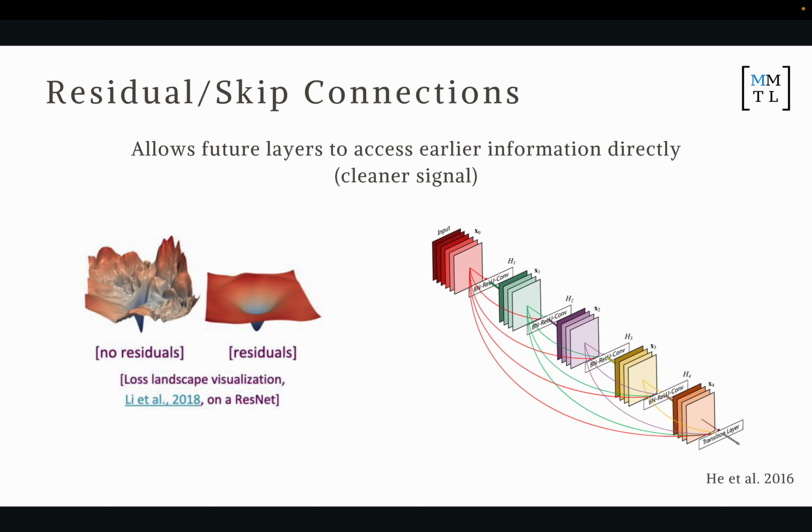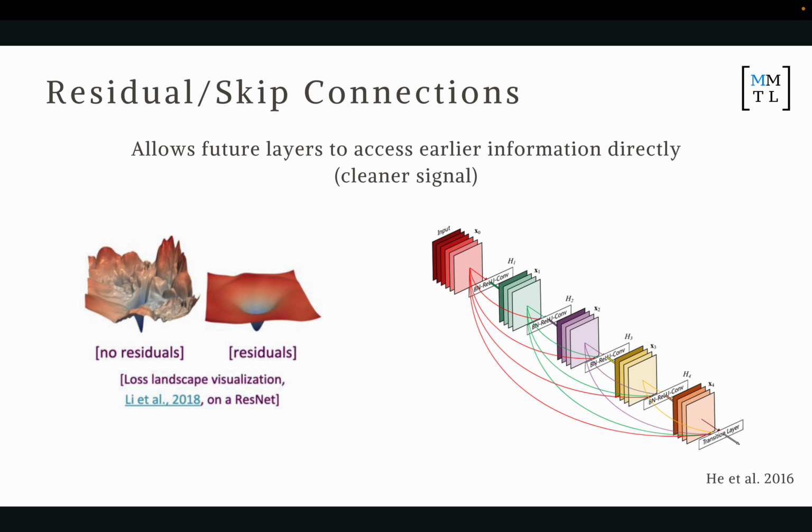All right, residual or skip connections. This is an interesting idea that came out of the vision field, but is now used in transformers as well. They basically realized, and I'm sure someone just literally tried this, that if you put a direct connection between early layers and later layers... Generally in a neural network, what happens here has to go through this, and this, and this before it reaches this, so it's really processed.